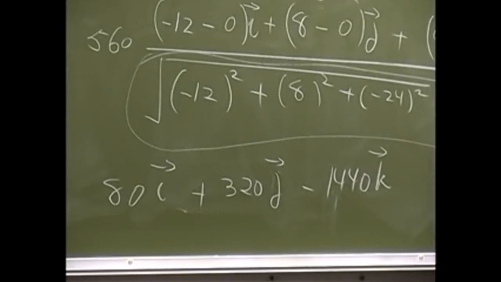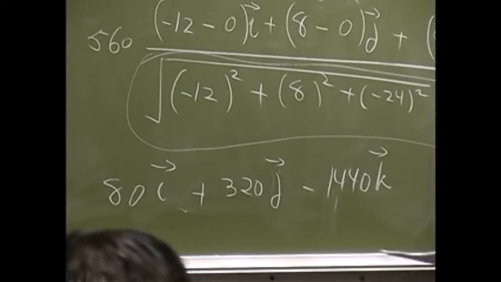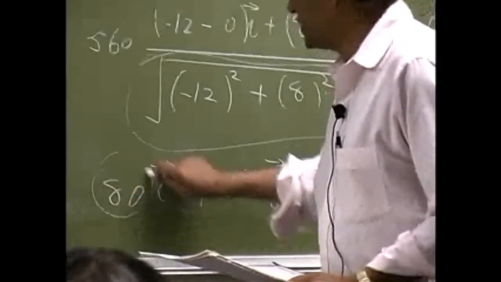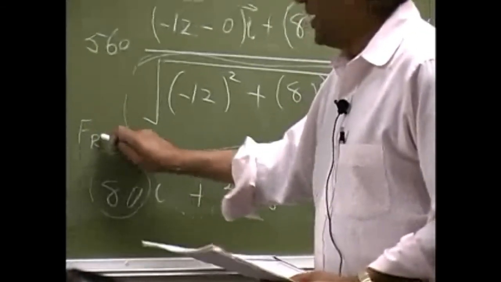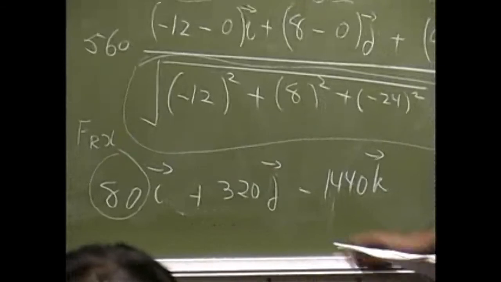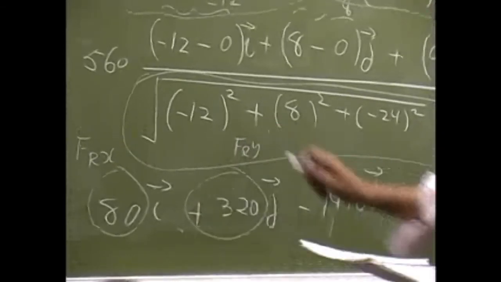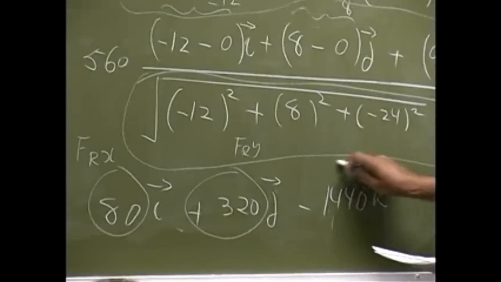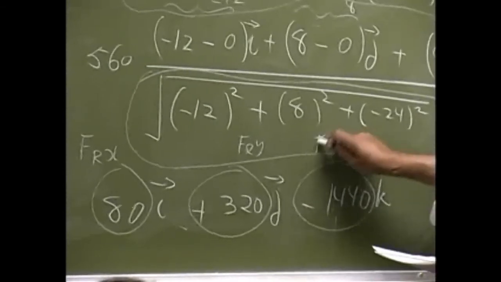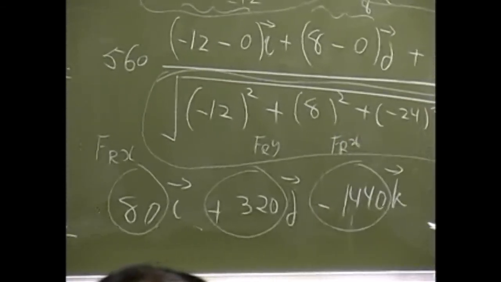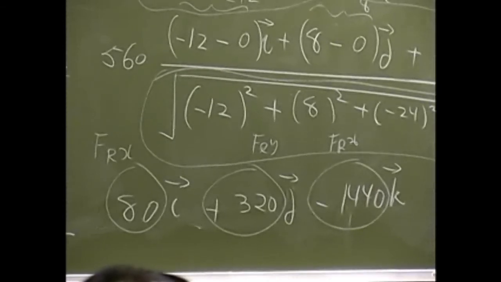So that's the resultant force vector, where the first number here is the x component. Then the second number here is the y component of the resultant. Then you have the third number here, that's the z component of the resultant.